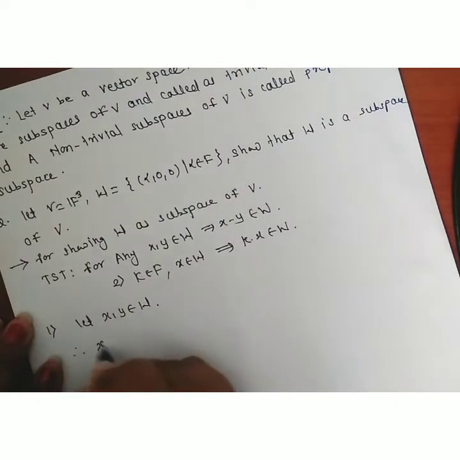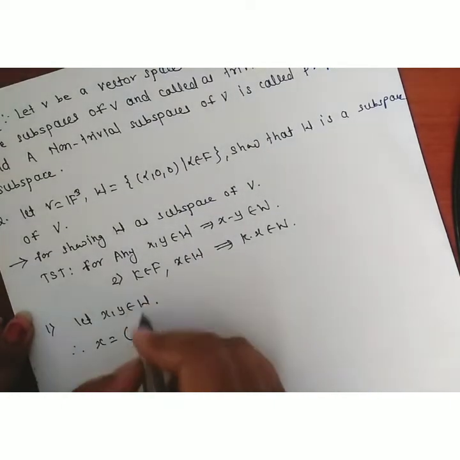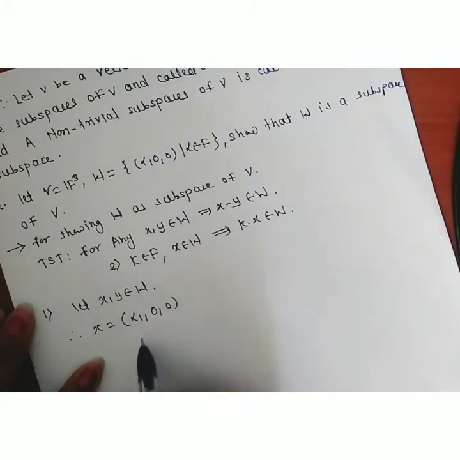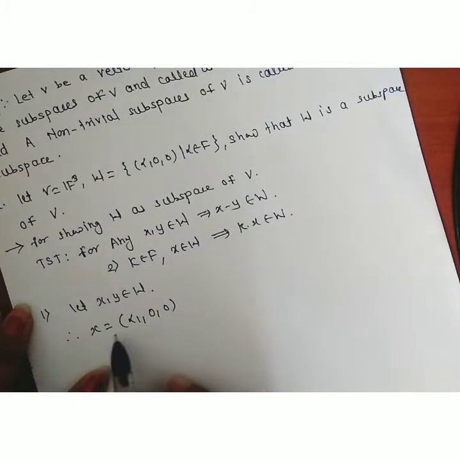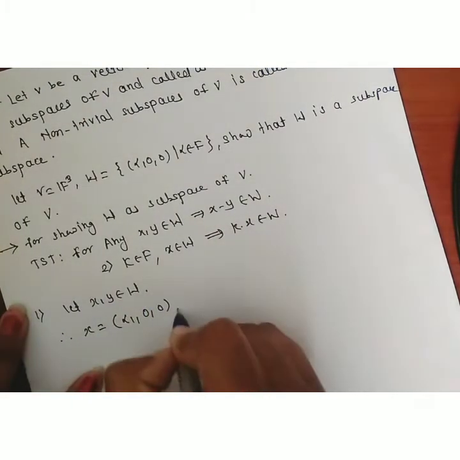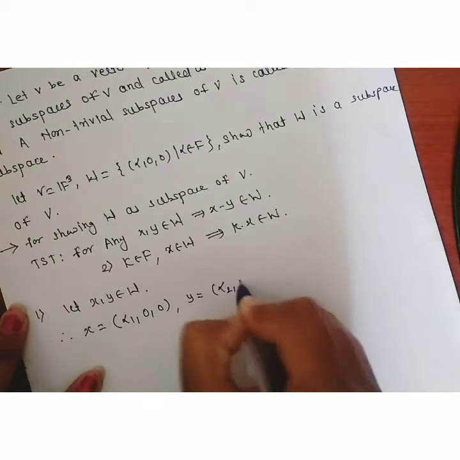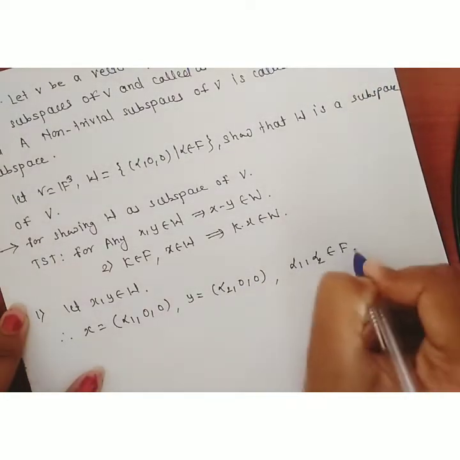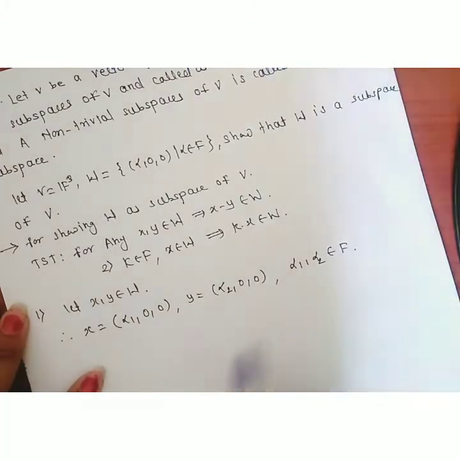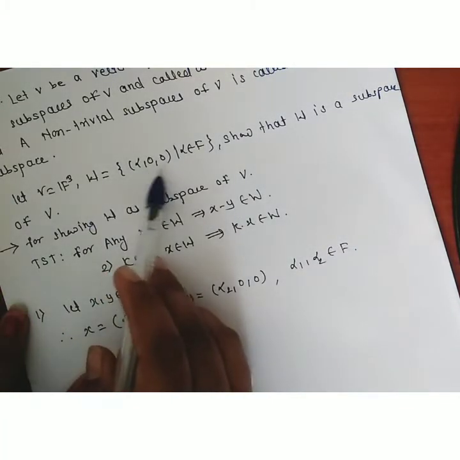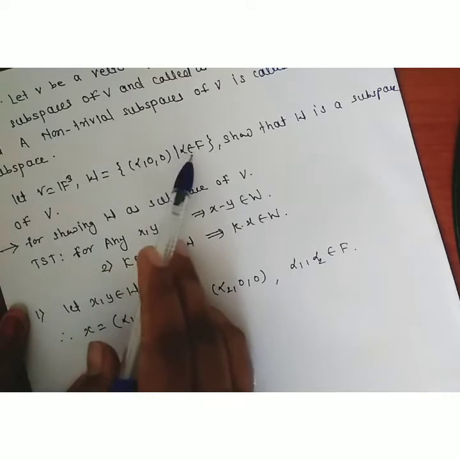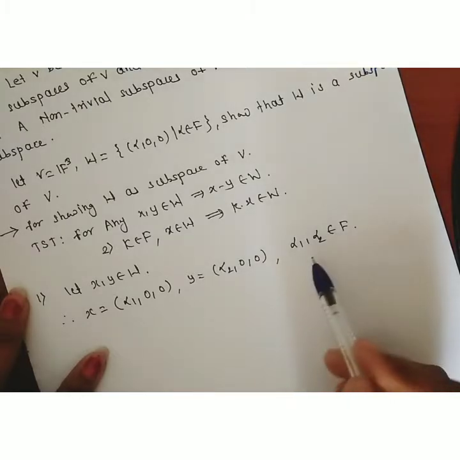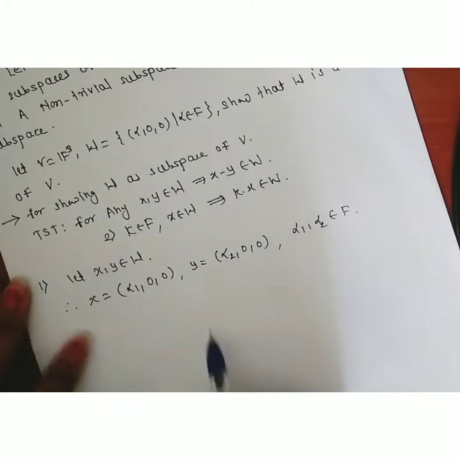Therefore, x looks like x = (alpha1, 0, 0), since x belongs to W, it should be in this form, and y = (alpha2, 0, 0), where alpha1 and alpha2 belong to field F.